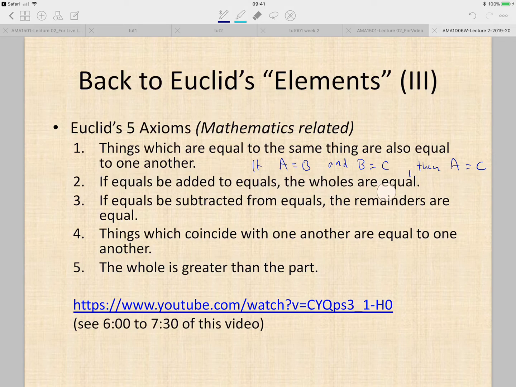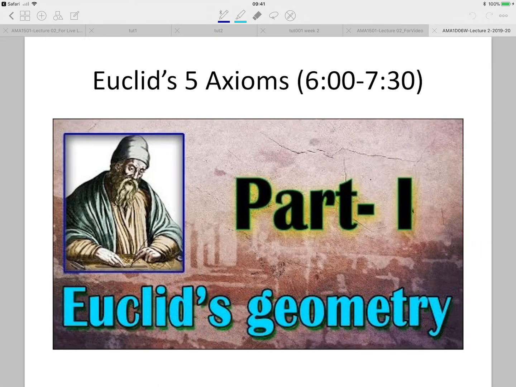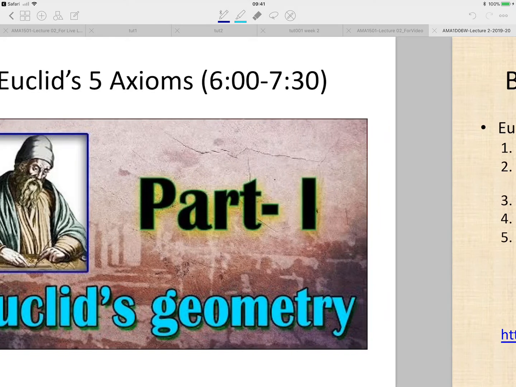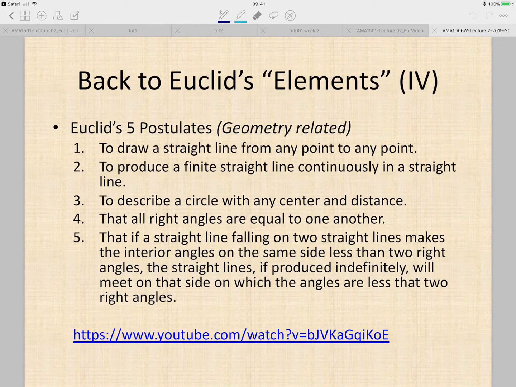If equals are subtracted from equals, the remainders are equal. Things which coincide with one another are equal to one another. The whole is greater than the part. If you look at this video here, between 6 minutes and 7 minutes, it describes all of these 5 axioms in more detail.